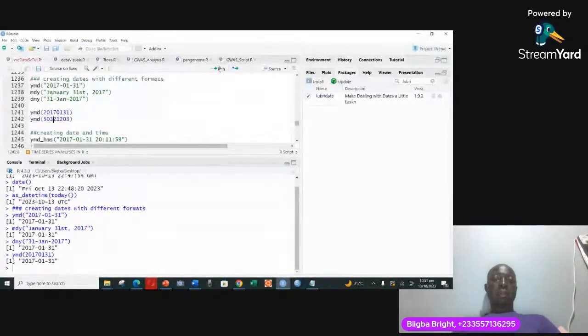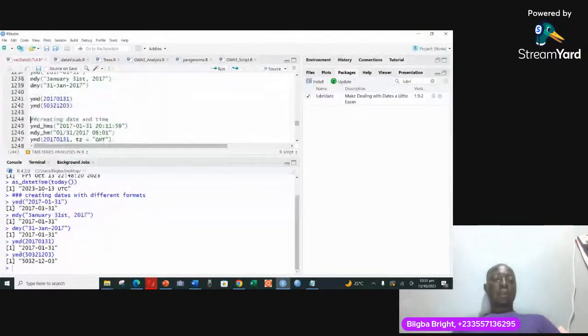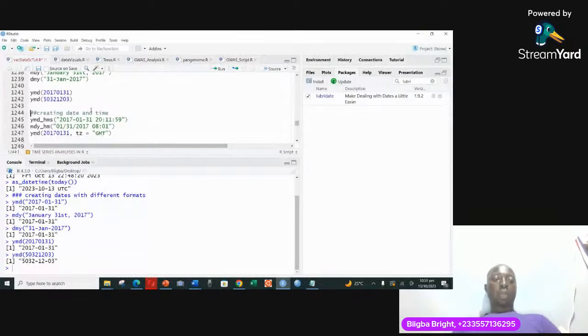If I run this, you see that it gives me the year 5032, and the month and day in the order you fixed here. These are the different ways that you can create your date.